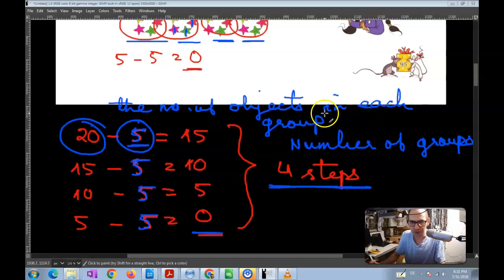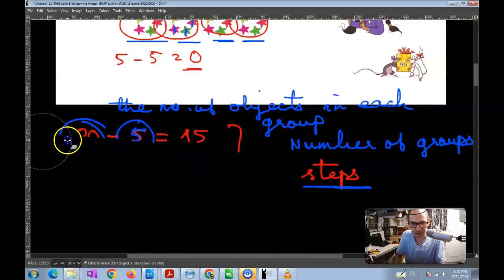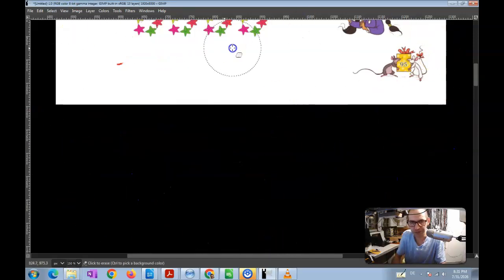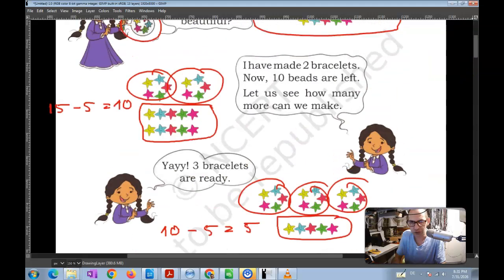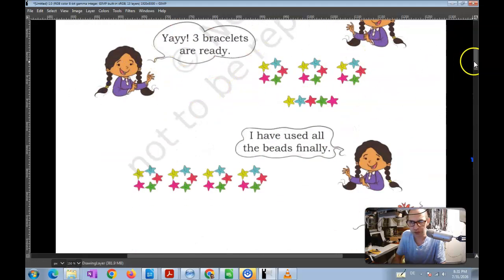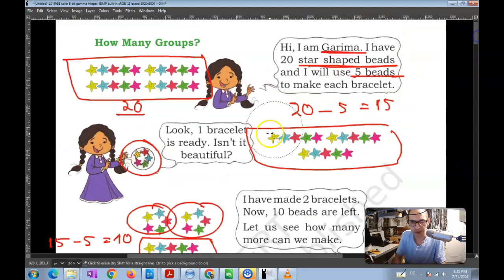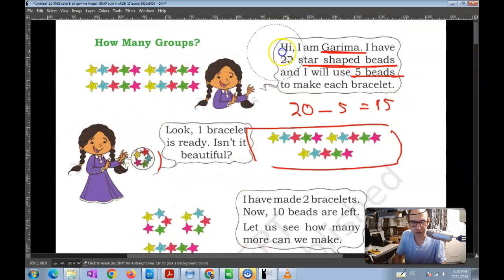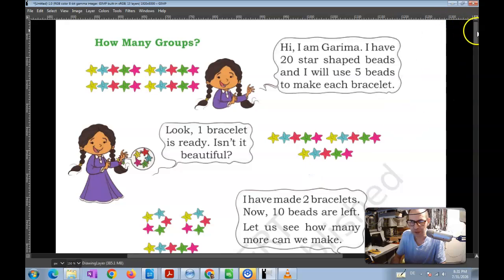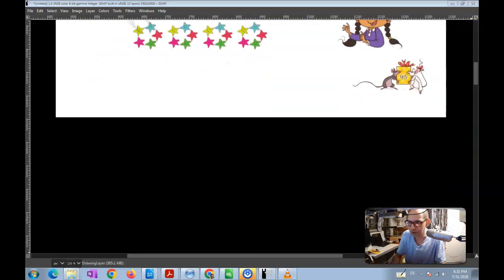Now let's take a look at the next example here, and you could have either one of these situations. There is always this thing going on: you have some number that you start with, which is the total number of objects available to you, that is supposed to be distributed among a number of groups, right?